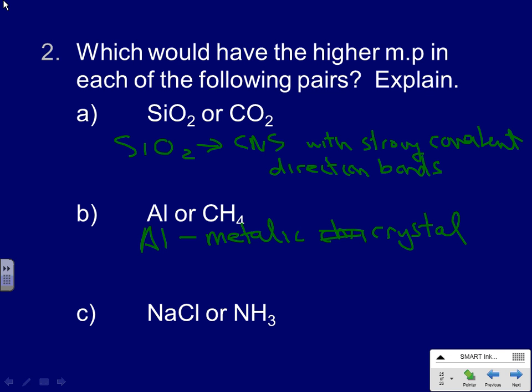CH4, what's holding CH4 molecules together? London forces, very weak, all right? Metallic crystal is a strong electron sea holding it together.